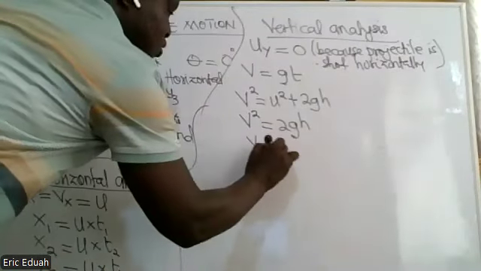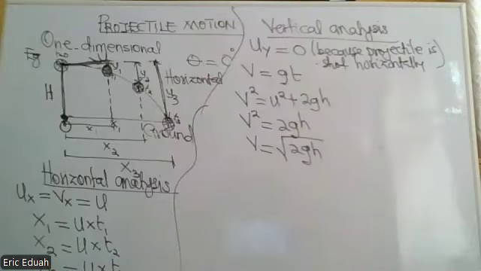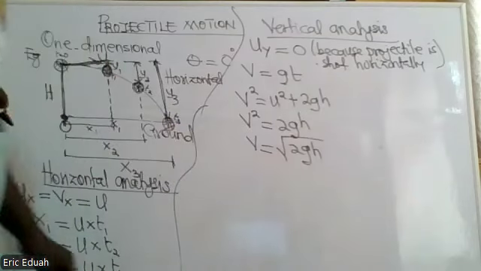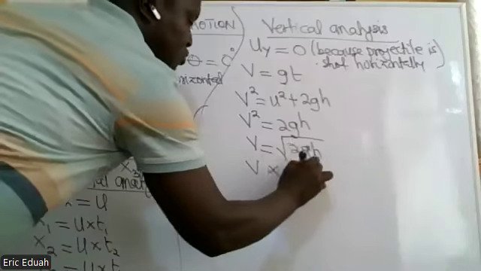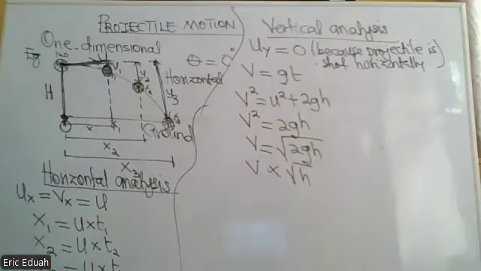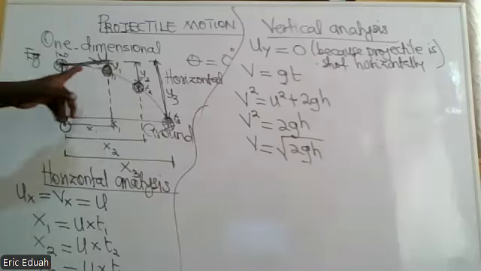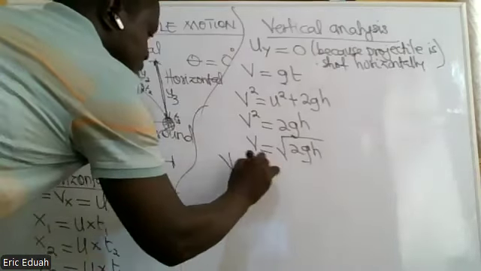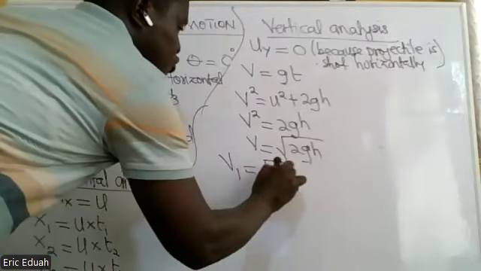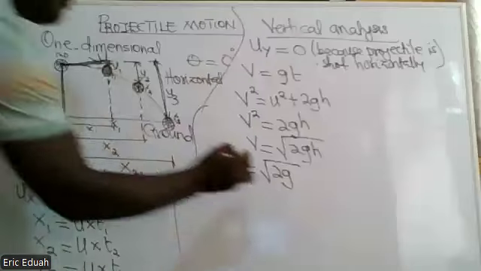Therefore, v is equal to the square root of 2gh. What does it mean? This equation depends on the vertical height. So v is directly proportional to the square root of h. What it means is that if I want to find the velocity at this point, then v1 would also be equal to the square root of 2g times that vertical displacement traveled, y1.